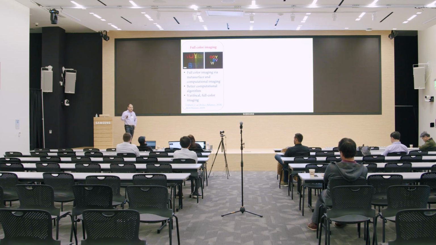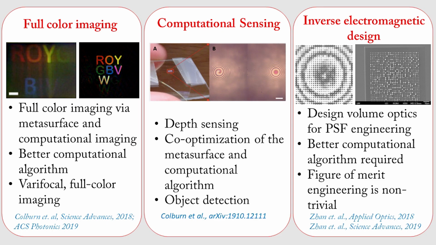But if you want to make it a meter or some very large optics, that's a different problem, I think. We also showed you some results on depth sensing. That's an example of computational sensing, but I think we can push this technology to start looking into passive object detection and co-optimize the metasurface and computation algorithm to get both power and speed benefits.